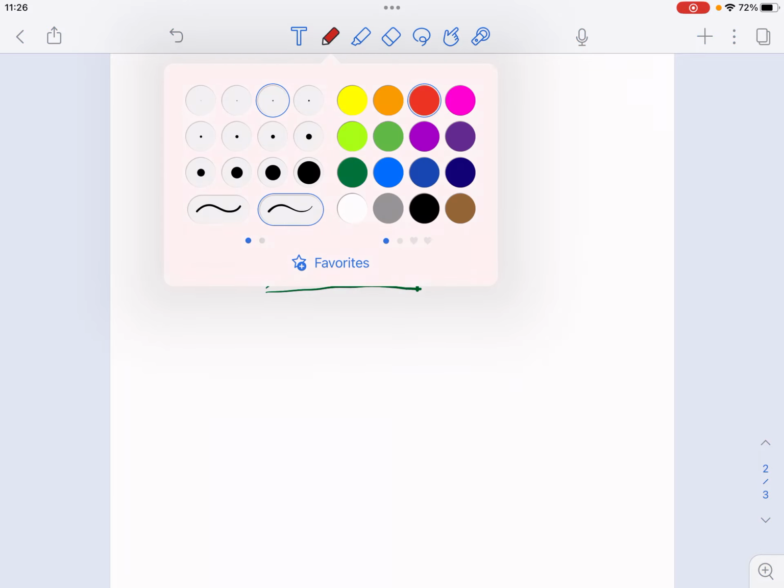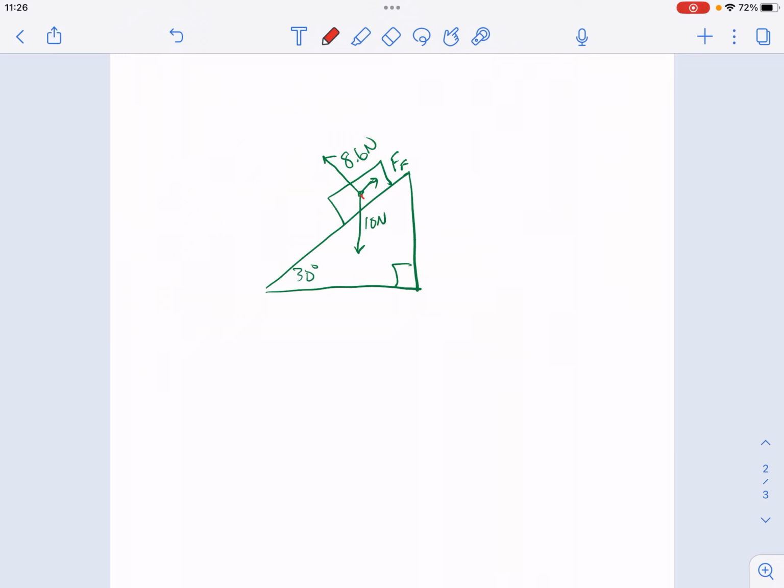If I fill in other colors, we figured out that the force into the ramp from that cosine calculation is also 8.6 newtons. So we see that there's no net force up out of the ramp or down into the ramp. They're canceling. And we can see that there's 5 newtons traveling downhill this way. So it's really these two together, that there's a net force going down and to the left, and that's what's causing the acceleration.